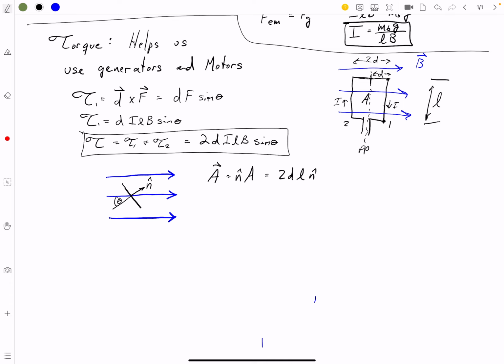So here's our net torque equals 2 d L I B sine theta. And here we go, that's our area, 2dL. So we can say area times I B sine theta.